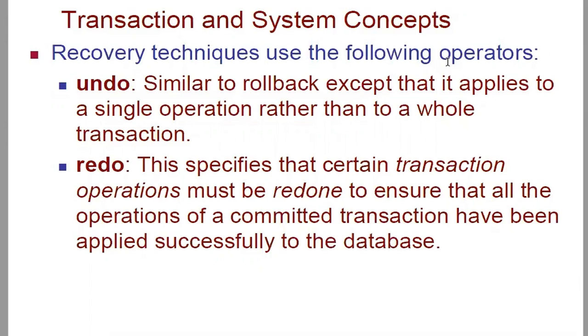If you redo it, you will go back to 20 again. Is that understood? Certain transaction operations must be redone to ensure that all the operations of a committed transaction have been applied successfully to the database. So sometimes, during the transaction, due to some reasons, we apply undo as well as redo.